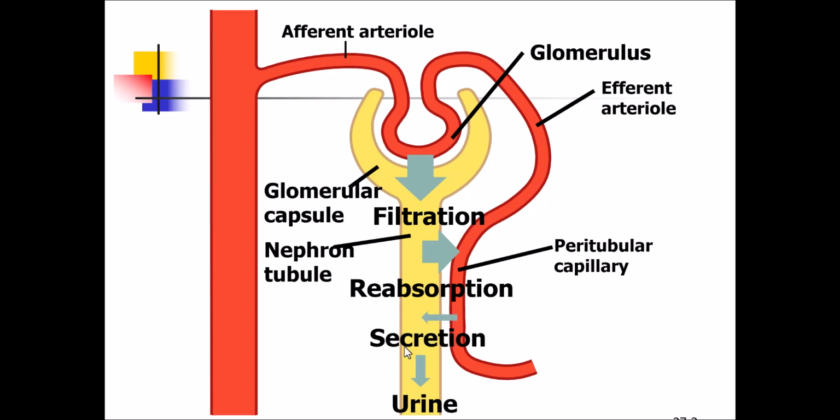Now, the word secretion doesn't conjure up what it is. Secretion is the movement of molecules from the blood into the tubule. In other words, the body is shuttling materials from the blood directly into what will become the urine. And the one substance that I want you to think about that is secreted is acid, hydrogen ions.